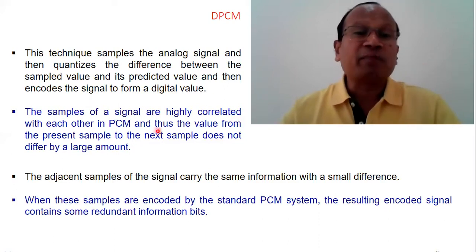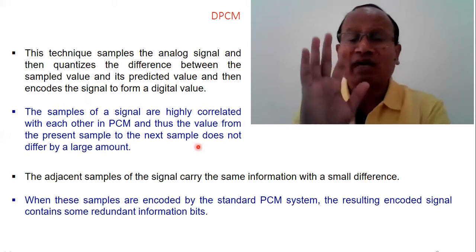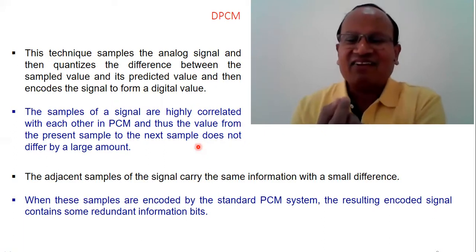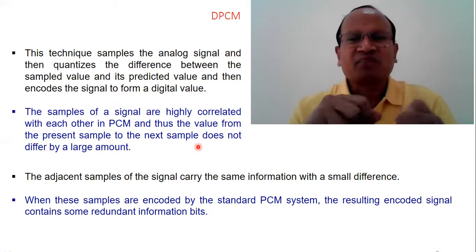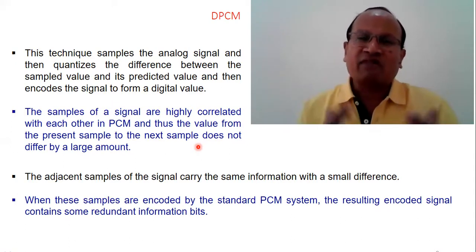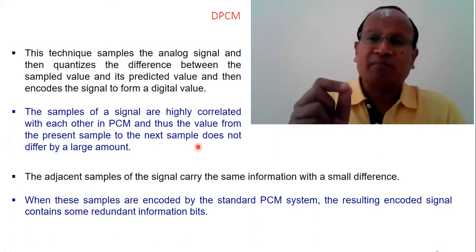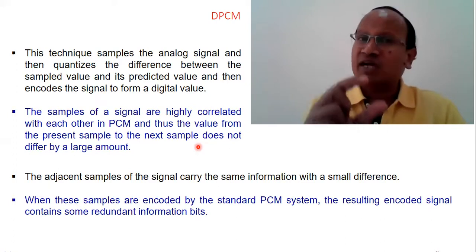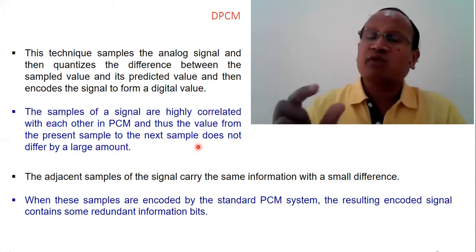Its value from the present sample to the next sample does not differ by a large amount. That too in the analog form, there is no sudden change in the strength of the signal. So when you get the PAM signal and convert it into samples, the values of the next sample and the previous sample do not differ much. So rather than sending all the pulses, we'll find the difference.